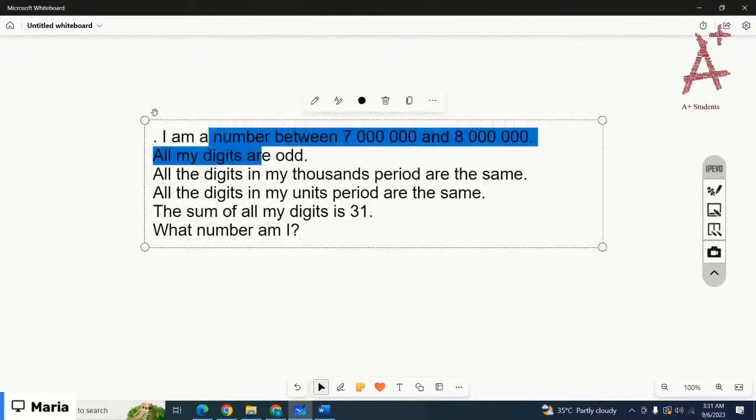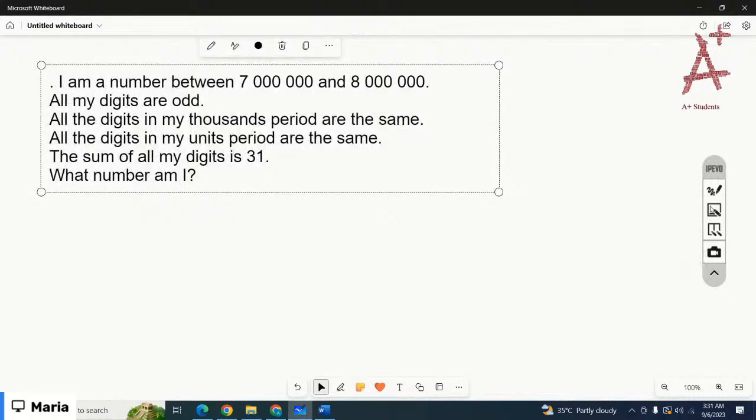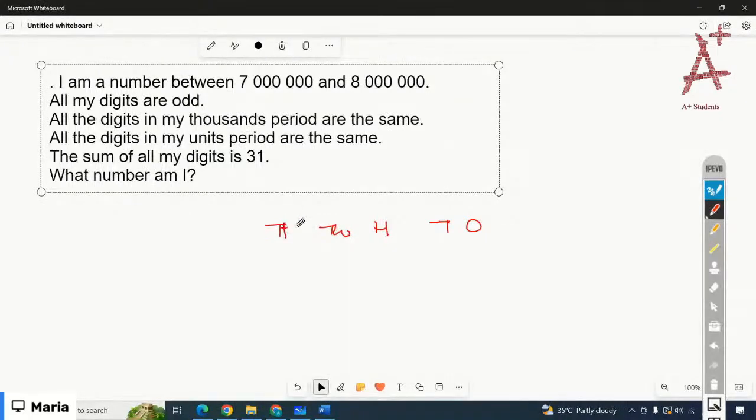Okay, I am a number between 7 million and 8 million. All my digits are odd. All the digits in my thousand period are the same. All my digits in the unit period, okay? Ones, tens, hundreds, thousands, 10,000s, 100,000s, million. All the digits in my thousands position are the same. All the digits in my unit period are the same.